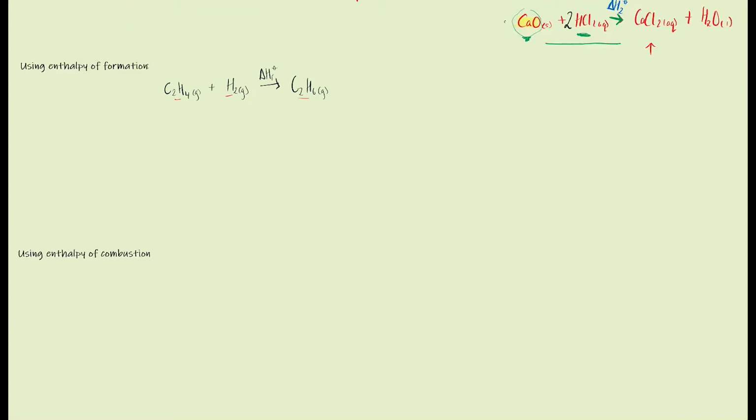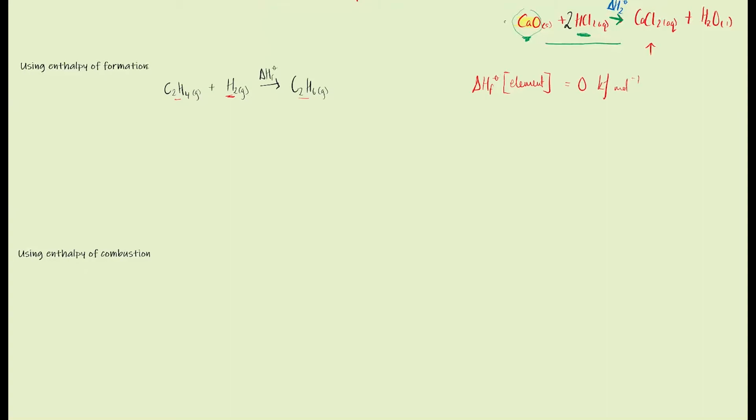It is worth mentioning here that the enthalpy of formation of any element, as long as it's in its constituent state, will always be equal to 0 kilojoules per mole.